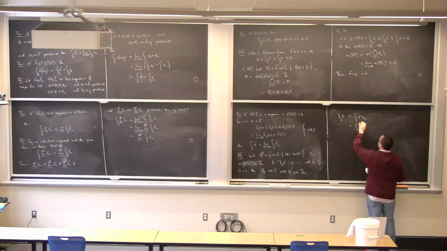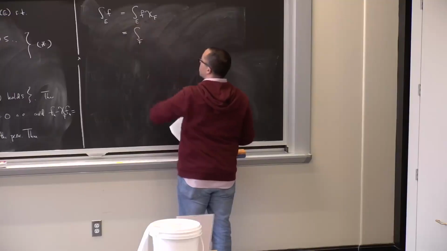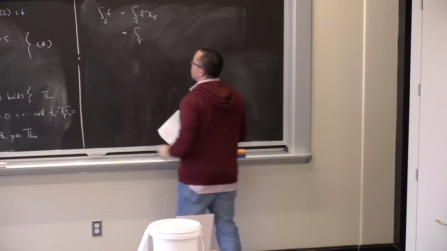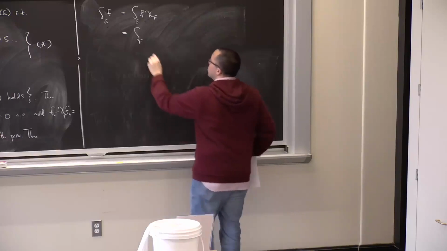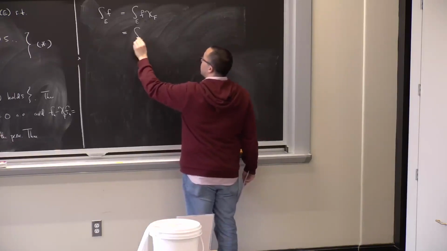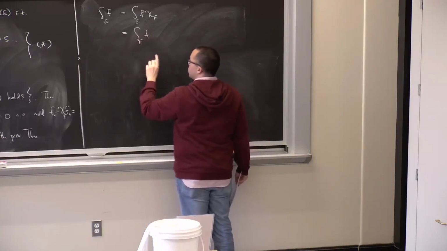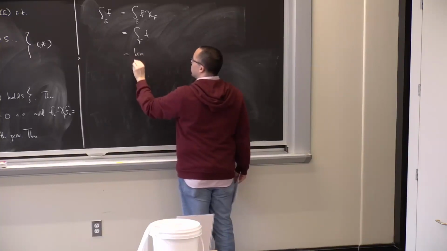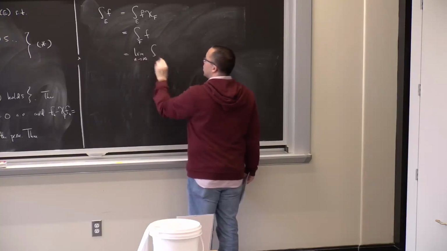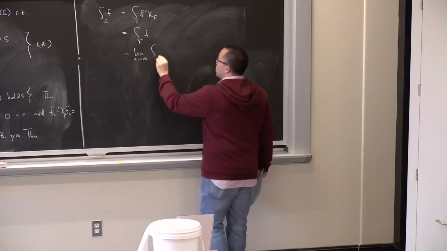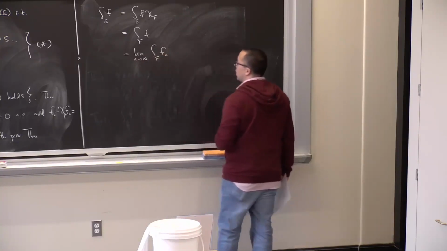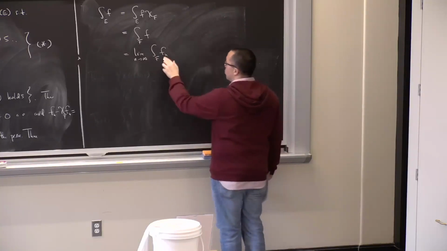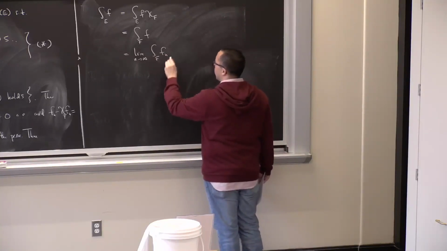So since f equals f times chi sub F almost everywhere, the integrals are equal. And so this is equal to the integral over capital F of little f. And by the monotone convergence theorem applied here, this is equal to the limit as n goes to infinity of the integrals of the f n's, because they're pointwise increasing on capital F to little f.